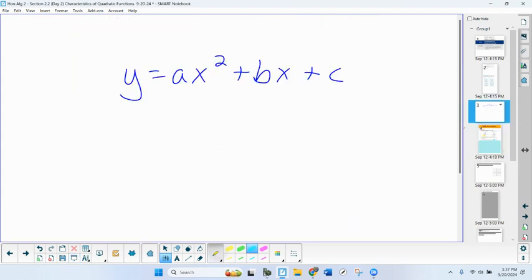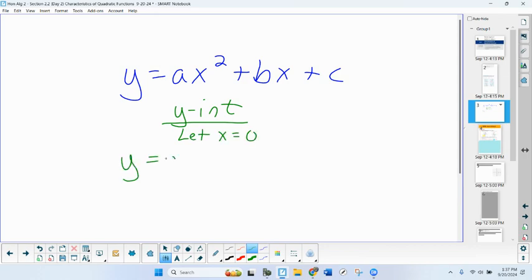Let's talk about the y-intercept. How do you guys find the y-intercept? Do you guys remember what we do? You let x be 0. So if I come into this equation and I let all my x's be 0, what is 0 squared times a? 0.